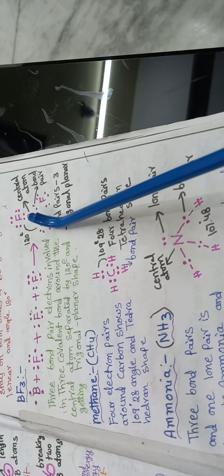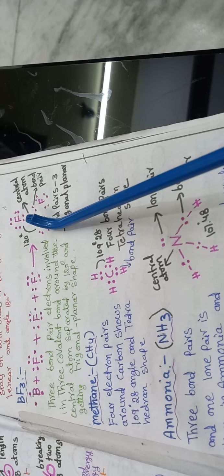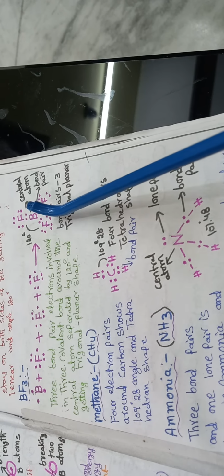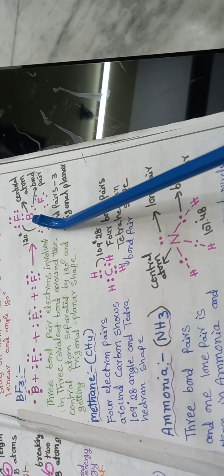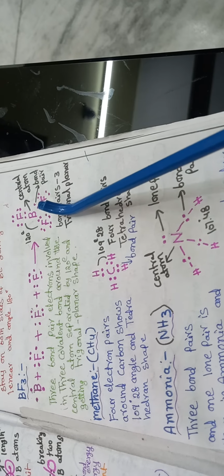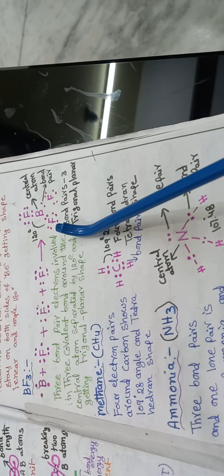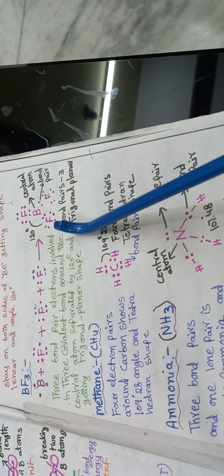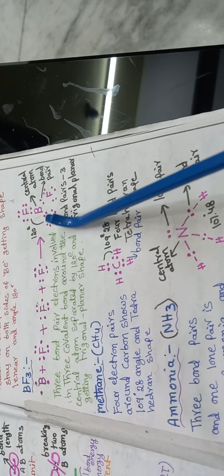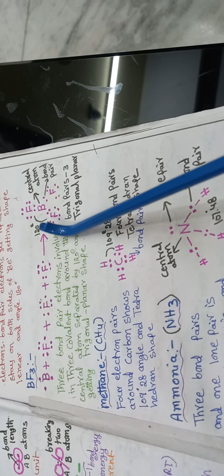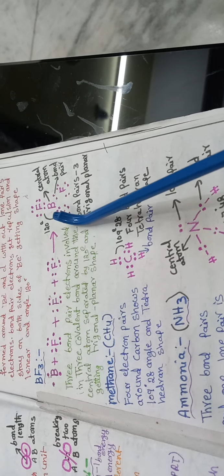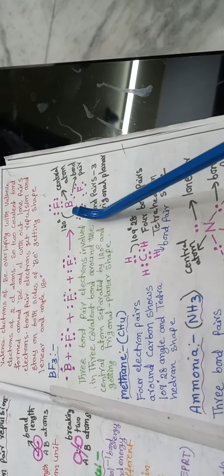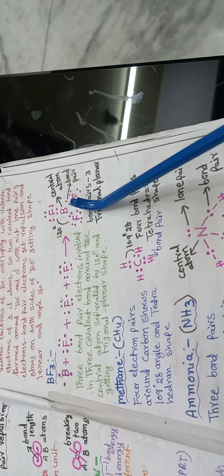Between B and fluorine, valence electrons are shared. So these are bond pairs. Next, other fluorine and boron bond pairs are there. Here also boron and fluorine bond pairs are there. So here we cannot see the lone pairs. Lone pairs cannot be seen in BF3.